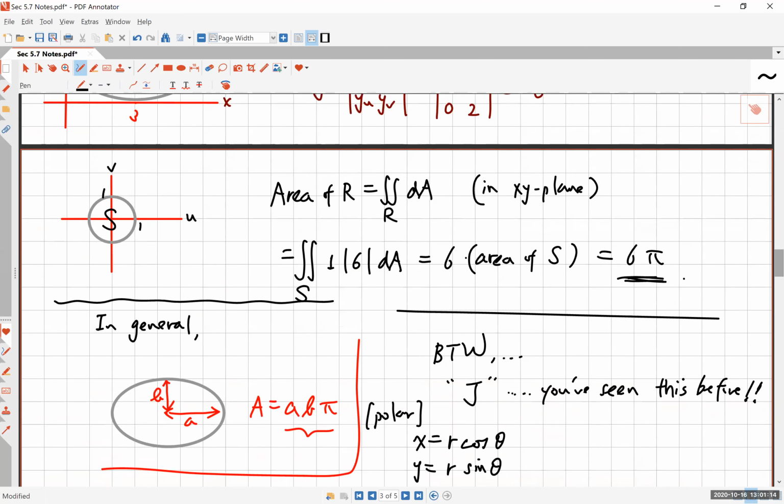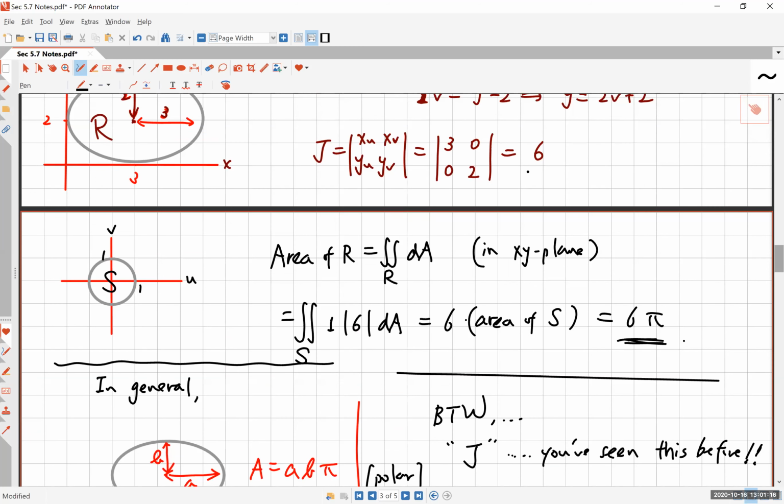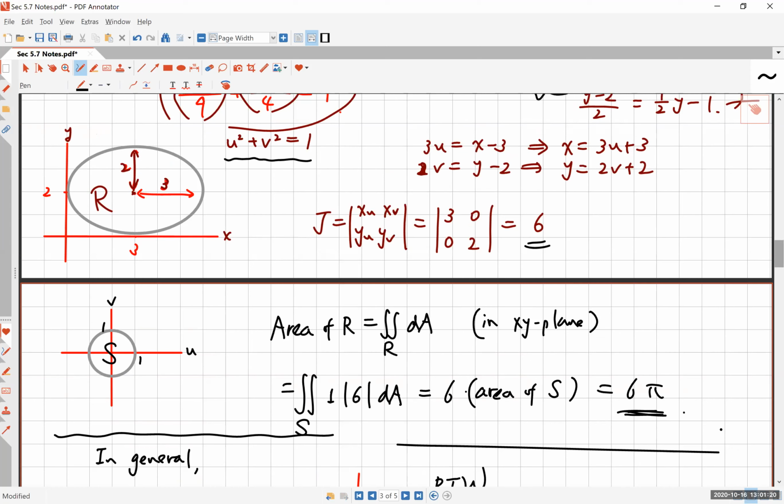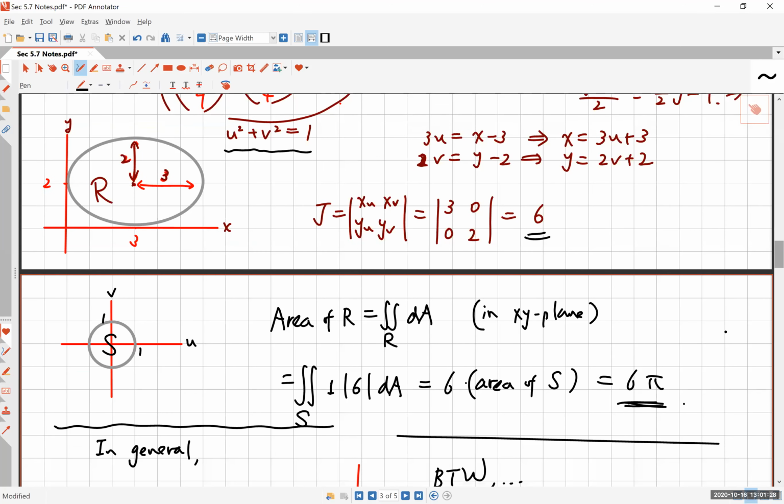One more thing I should mention: in this last problem, the Jacobian was 6. And as you study linear algebra, you may have seen this, but the determinant has to do with the area ratio. Okay, so 6 is a ratio of the area here in the world of UV and the world of XY.